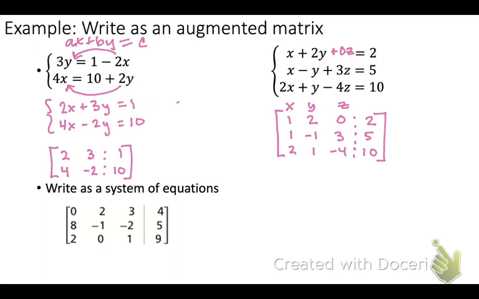So I have to go backwards. Well, 0 means it's not there, right? Yeah. But again, what column is this first column? X. X, then Y, Y, Z. Z, and this is your equals, right? Yep. Okay, so you do it.